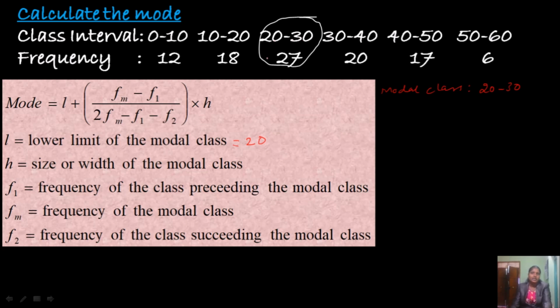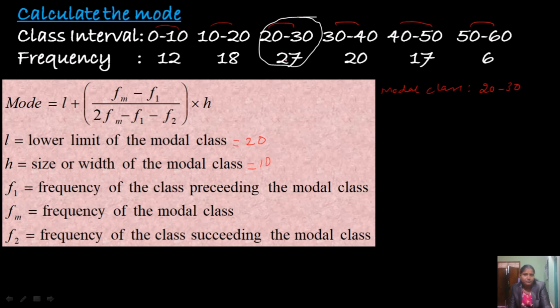I need only the lower limit, so 20 is the value of L. h is the size or width of the modal class. Each class interval has equal size, that is 10, so h is 10.